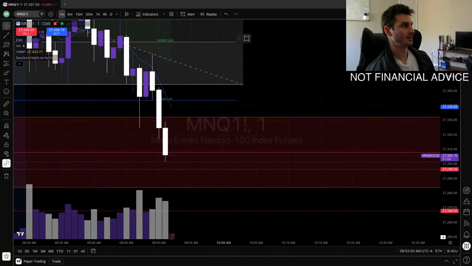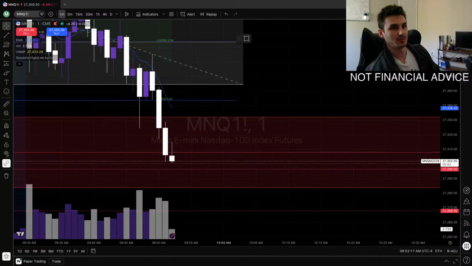Be kind of nice if we can fill that hourly gap, which is that dotted line. Yeah, man, at this point, that's not even manipulation anymore.